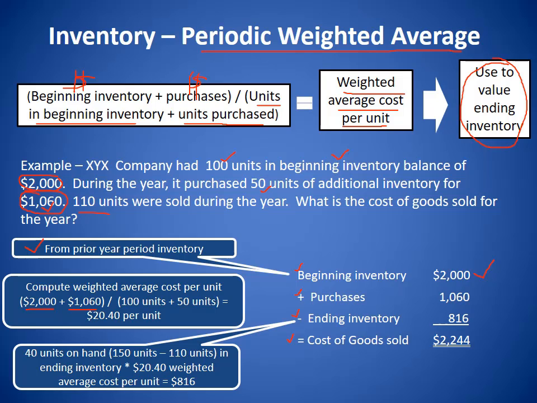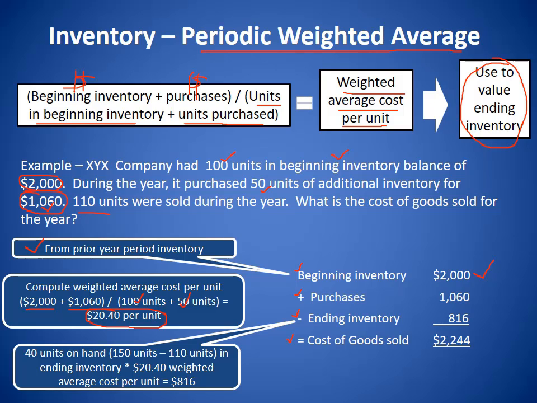We divide that total dollar amount by our 100 units in beginning inventory plus the 50 units we purchased during the year. When we do that calculation, it comes out to $20.40 a unit. So every inventory item is worth $20.40.